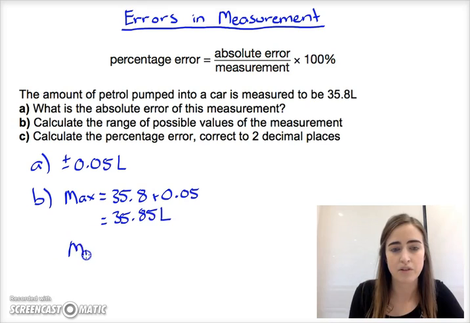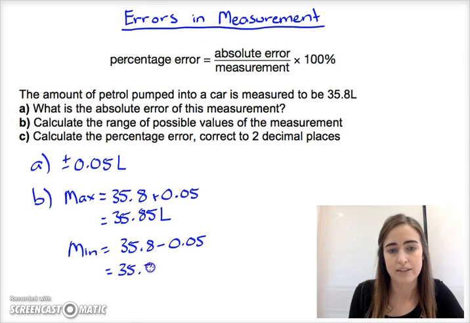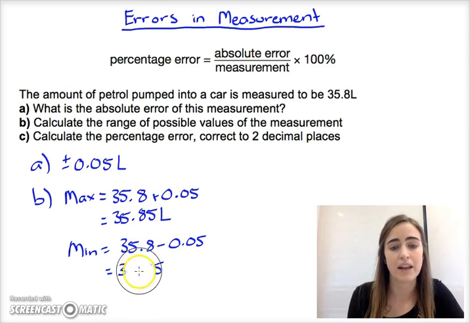And the minimum that it could have been would have been that 35.8 minus the 0.05, which would have given us 35.75. So the amount of petrol we actually got could have been anywhere between that 35.75 and 35.85 litres, and we've rounded it to 35.8.